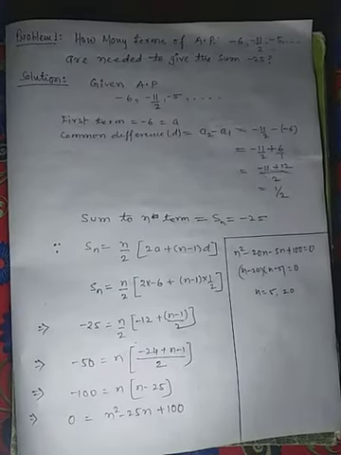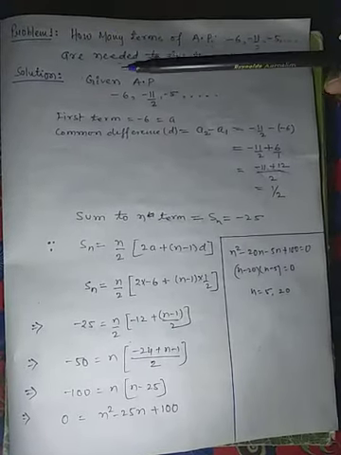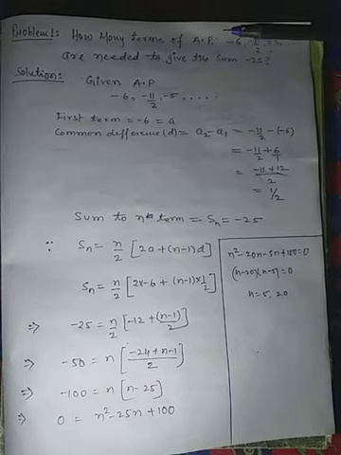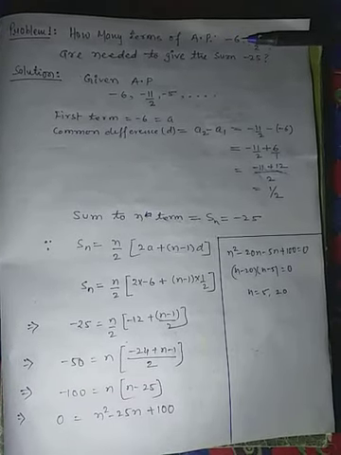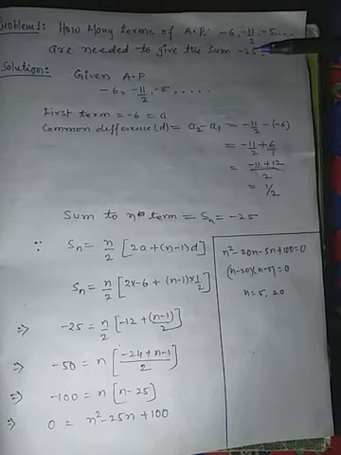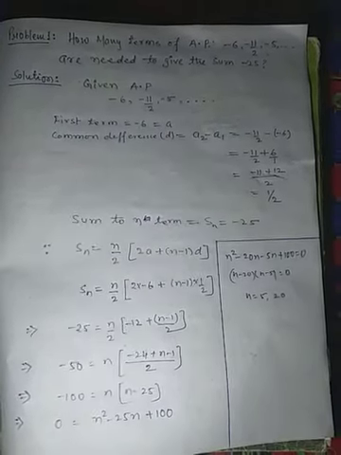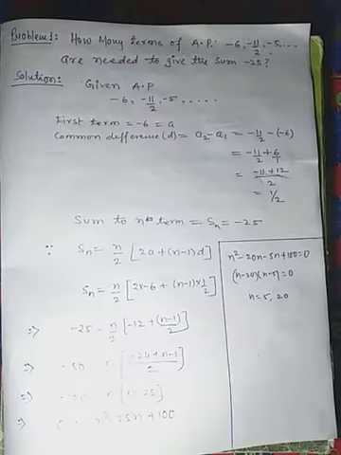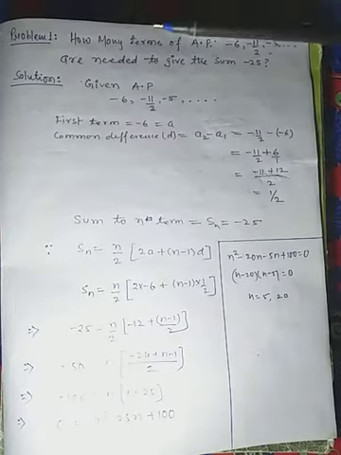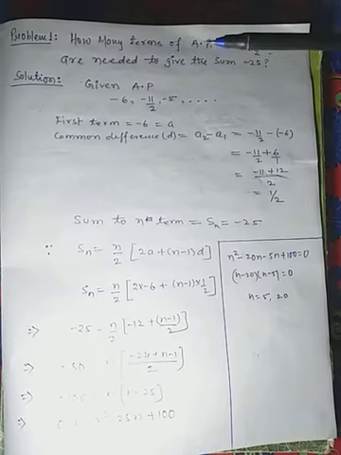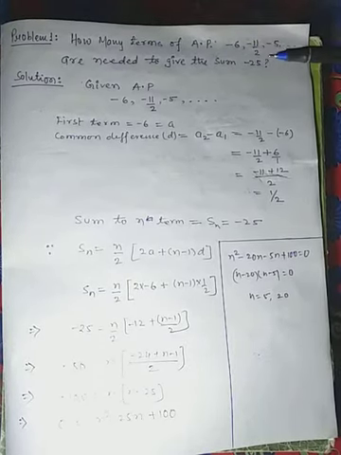Now we have a problem 1. How many terms of AP minus 6, minus 11 by 2, minus 5 are needed to give the sum minus 25.